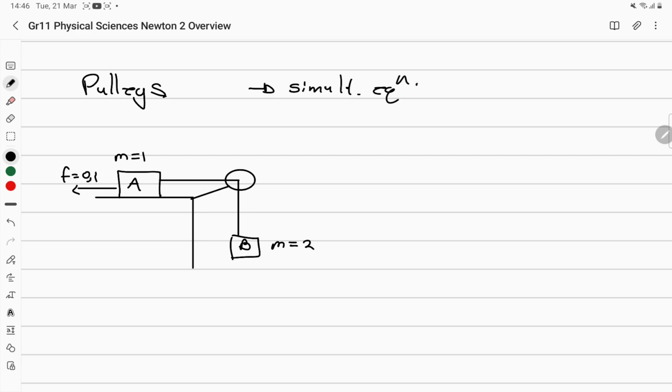Now, let's look at this example here. Let's just say they want us to determine the acceleration. Again, they can also ask you to determine the tension. It's the exact same process. If they want the acceleration, then you must make T the subject of your substitutions.